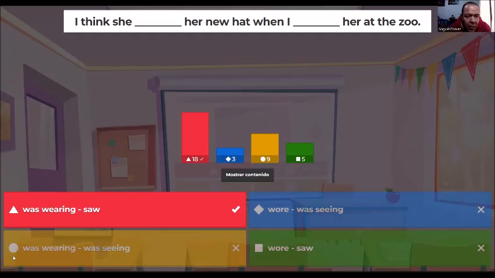I think she was wearing her new hat when I saw her at the zoo.